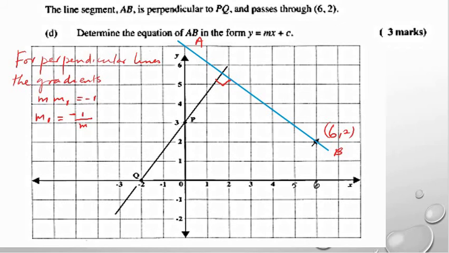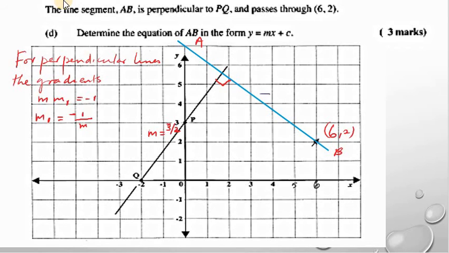So we're going to use that information now. The gradient of PQ is equal to 3 on 2. So the gradient of the perpendicular line is the negative reciprocal of this here. So that means that if this is positive, then the gradient here is negative.